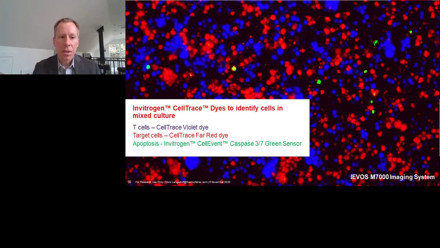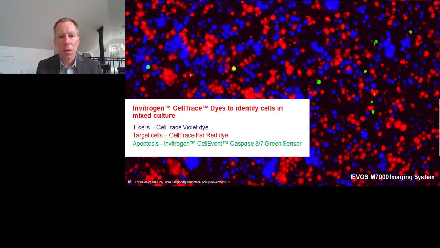And so now we have a very simple potency assay where we can add a third reagent called the CellEvent Caspase-3/7 sensor. And now as our T cells kill our cancer cells, the cancer cells will turn green. So we can observe this experiment over time and quantify or visualize our T cells killing our target cancer cells.